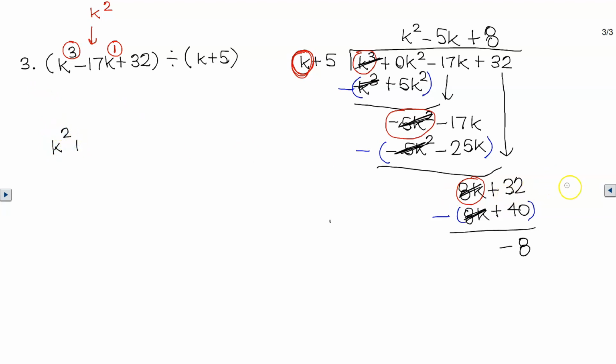Oh, let me try again. k squared minus 5k plus 8. And my remainder is negative 8, so I'm going to put minus 8 over k plus 5.